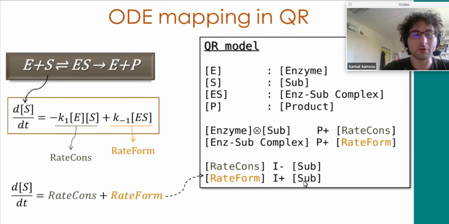This is the way we can represent this kind of relation using P plus proportionality and I influence. And it's quite easy, but there is some kind of direction between the cause and the effect that you cannot have in the differential equation.